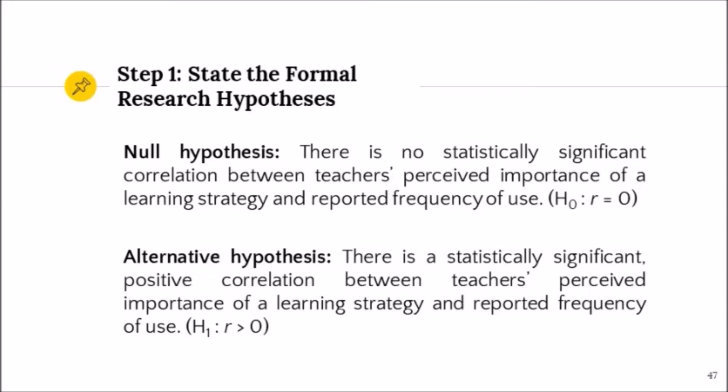The null hypothesis states that there is no statistically significant correlation between teachers' perceived importance of a learning strategy and reported frequency of use. The alternative hypothesis states that there is a statistically significant positive correlation between teachers' perceived importance of a learning strategy and reported frequency of use.